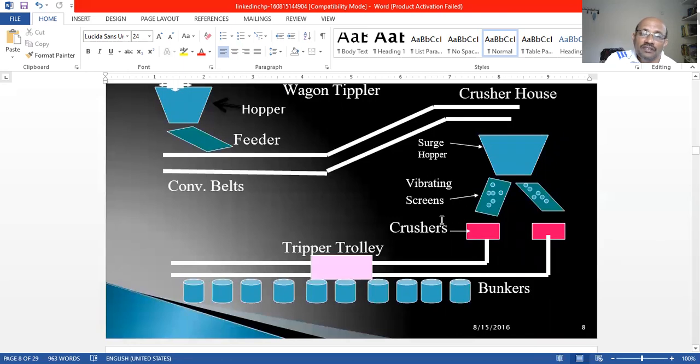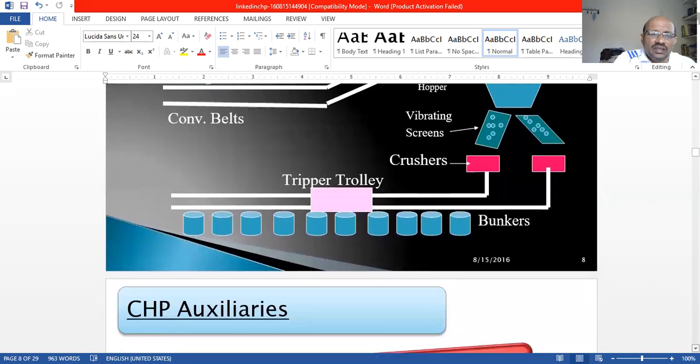With the help of these, we size the coal and send it with the help of different buckets, trucks, wagons, different handling or transportation equipment. We can send it to the bunkers. So this is the thing.